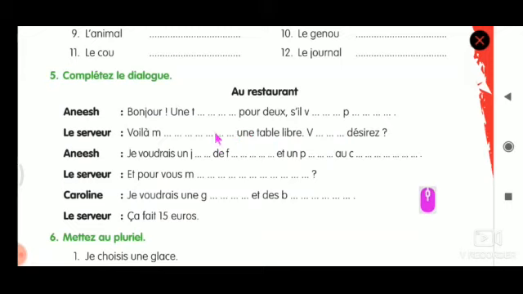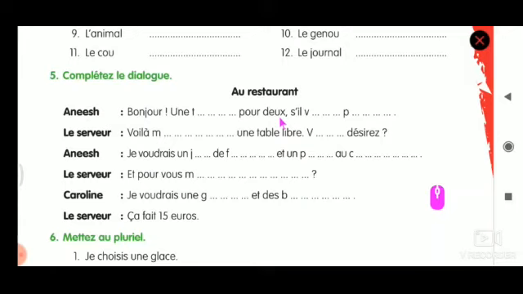Une table pour deux. So once you enter a restaurant, one of the managers or supervisors from the restaurant will come near to you and ask you a question. What is the first question? How many? They will ask how many people are you in a group, for example 2 or 3 or 4 or 5. Why?